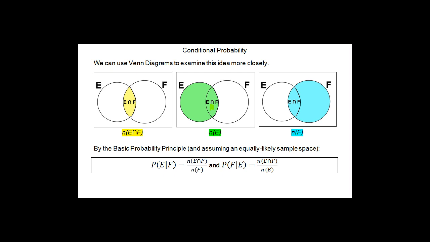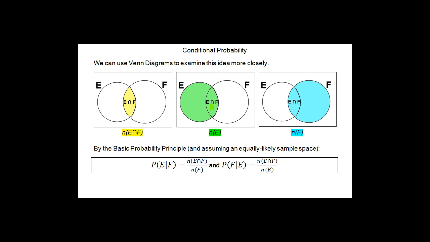The second Venn diagram shows just the probability of event E. Everything in the circle E is in green, and that would be the number of elements in the set E. And the last Venn diagram shows in blue everything in circle F, so that's the number of elements in F.